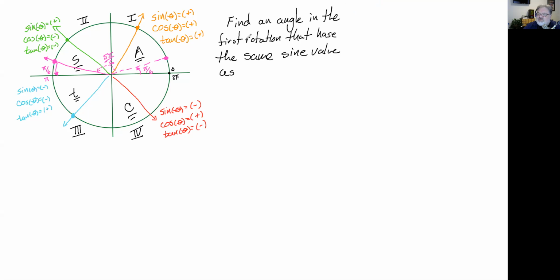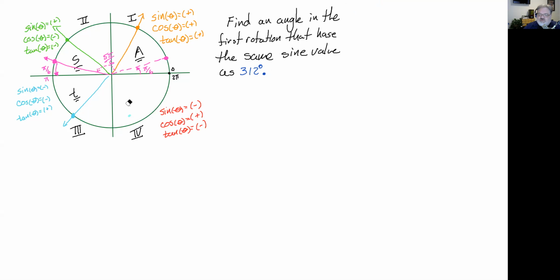Say, find an angle in the first rotation that has the same sine value as 312 degrees. Ugh, 312 degrees. Well, we're going to do the same thing. What quadrant is 312 degrees in?